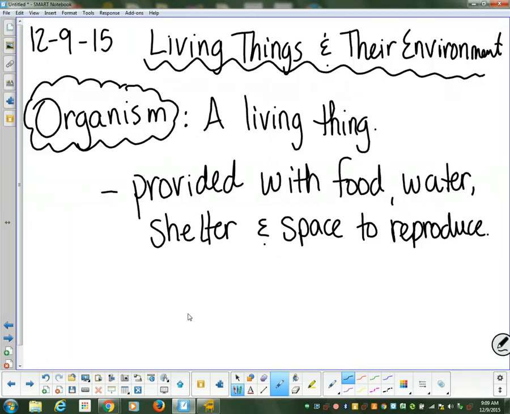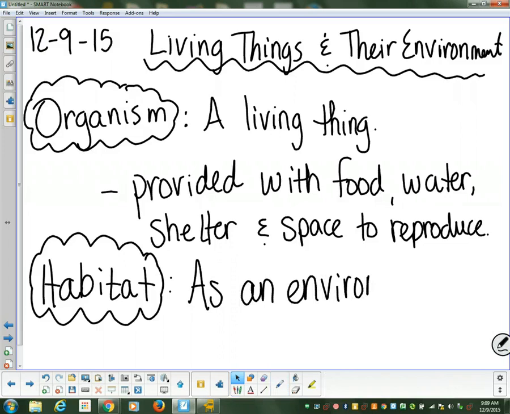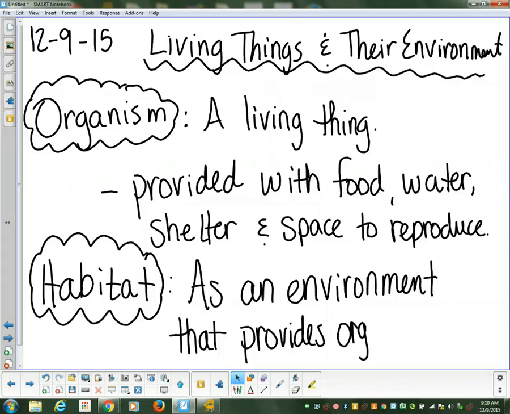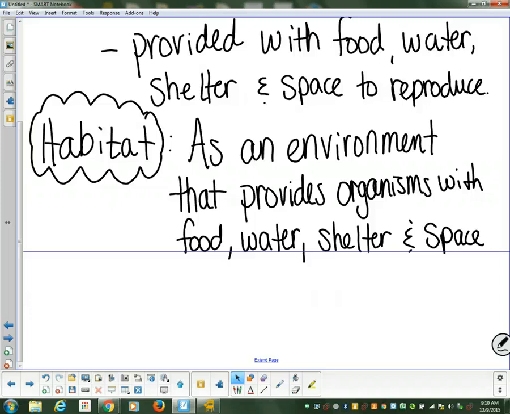So we actually define a habitat as an environment that provides organisms with food, water, shelter, and space to reproduce.